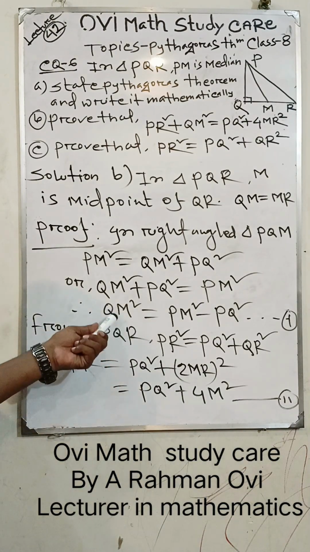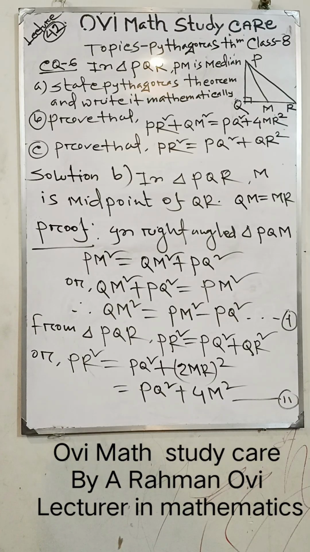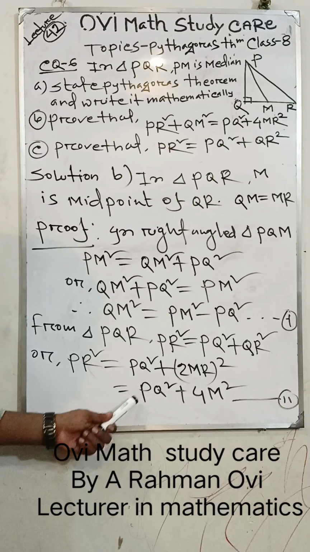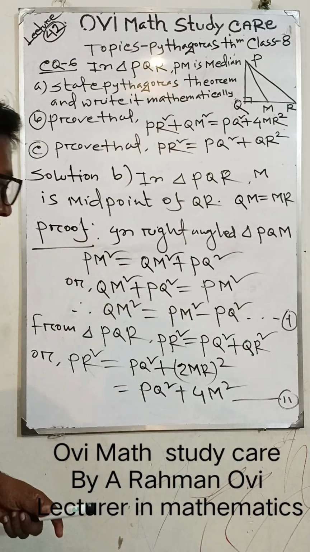So equation number 1 is QM square equal to PM square minus PQ square, and equation number 2, PR square equal to PQ square plus 4MR square.